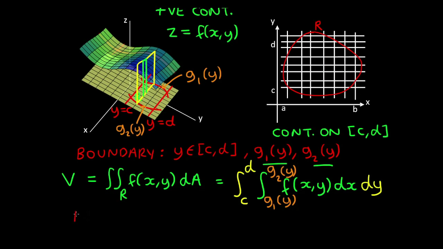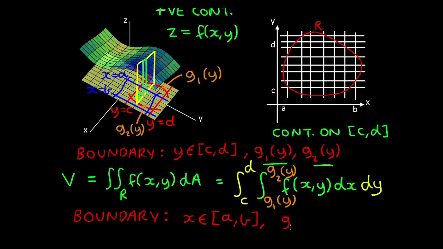And in a similar way, if the region is bounded by straight lines, where the straight lines are instead perpendicular to the x-axis, so we have x equals a, and this line is at x equals b, so x in this case is inside the closed interval from a to b, and the functions defining the remaining curves of the boundary are continuous on this interval.